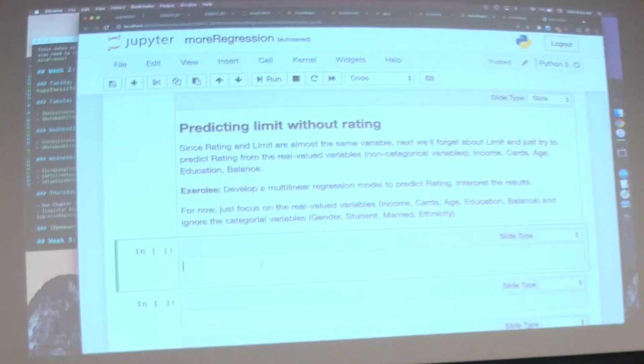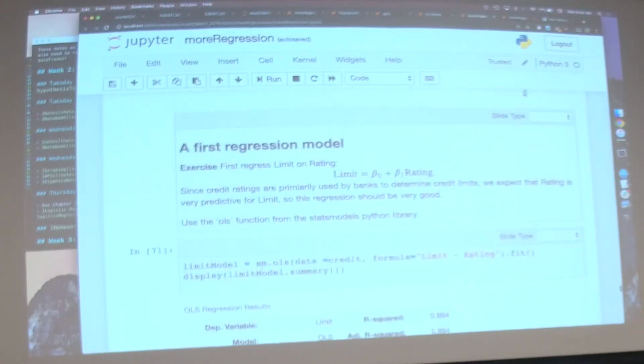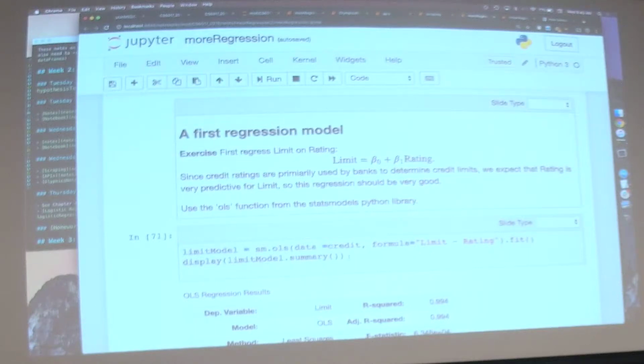Can you scroll back up to your second? This one? Oh no, I'm thinking of the other. Yeah, in the credit data. Oh, yeah, it's easiest if you clone the repo. You can look at these on GitHub, but you can't run anything on GitHub.